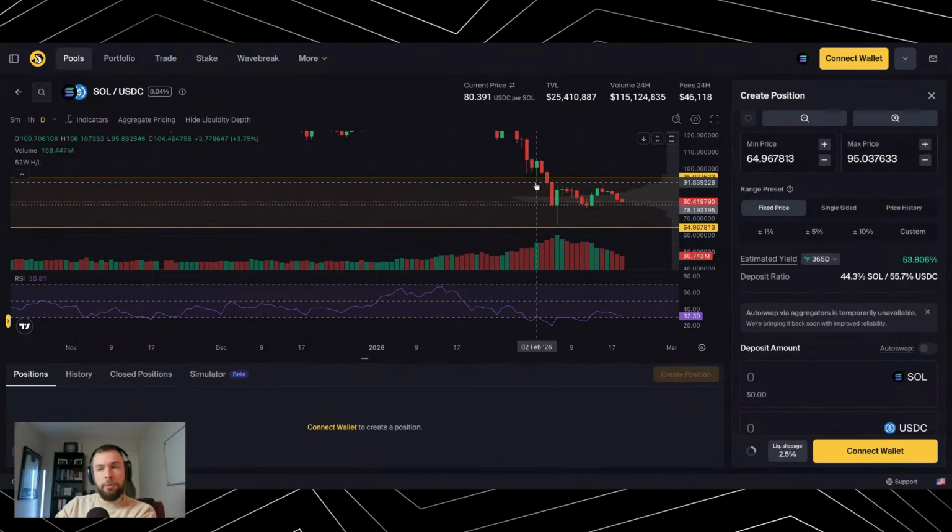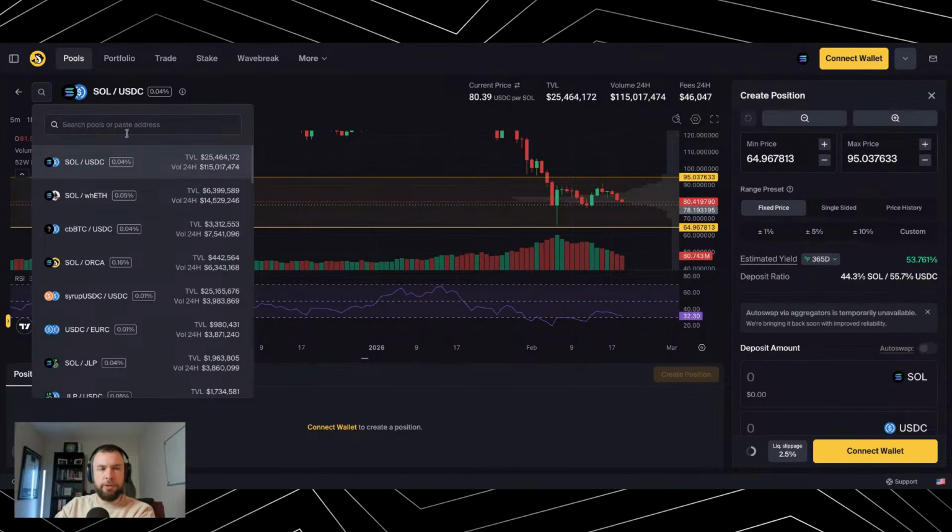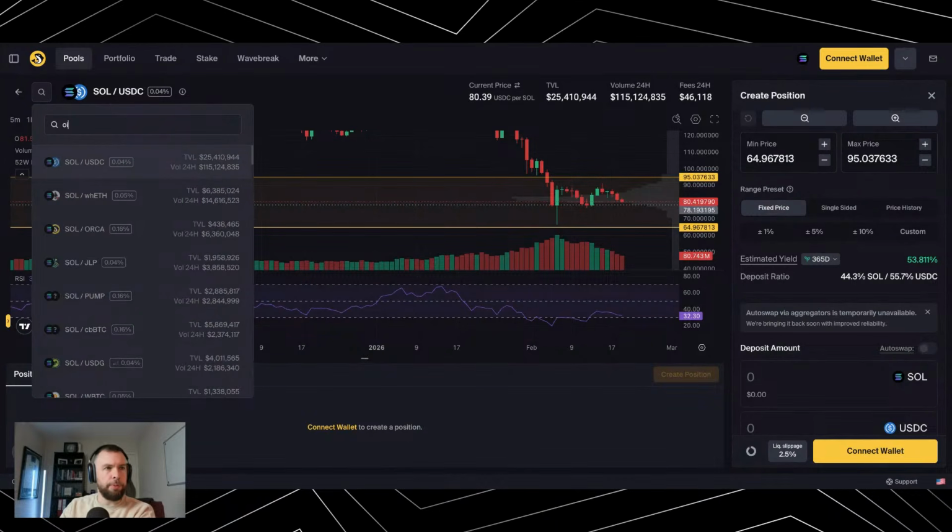But then you can do the same. If you want a tighter range, you set up below and above. And you can see the volume here is a bit better on this particular pair than the one I showed before. But this is where you do your research. For the Pump and Solana one that I was in, I think that's doing pretty well for someone recently.